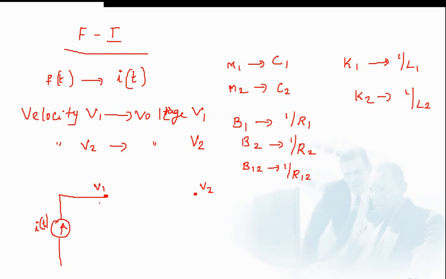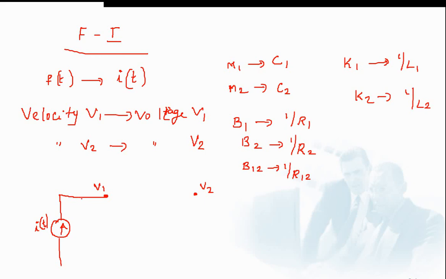Now, what are the elements associated with V1? There is a mass M1 and there is a damper B1. So, corresponding to mass M1 and damper B1, there will be a capacitor and a resistor. We can draw a capacitor and a resistor in parallel. As you have seen earlier, in the mesh method the elements are connected in series, but in the node method or force current analogy, the analogous electrical circuit elements are connected in parallel.